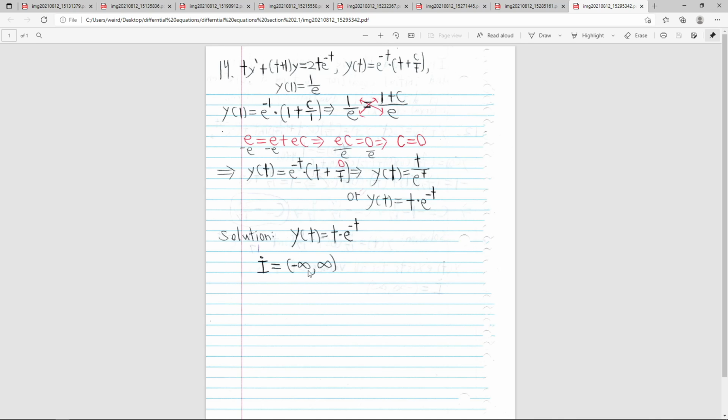The interval of existence is negative infinity to infinity here, because there are no real restrictions on the solution. It's only because the actual thing is t times e to the negative t. As we know, the exponential function is never 0.